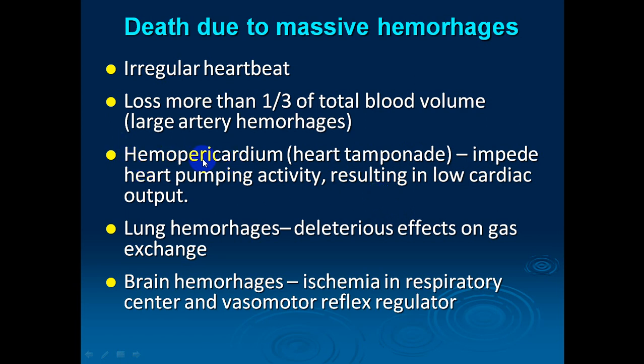For example, in the case of hemopericardium, the blood clots will prevent optimum pumping activity of the heart. Lung hemorrhage can cause disturbance in gas exchange, and brain hemorrhage, if it happens in a vital area, for example the medulla oblongata, will cause respiratory or even cardiac arrest.